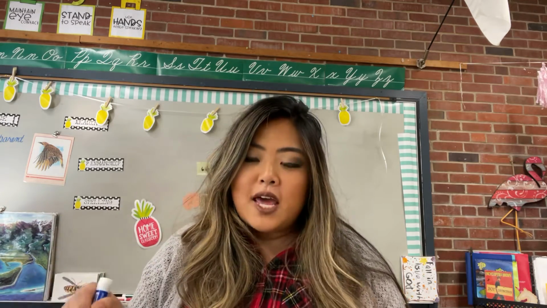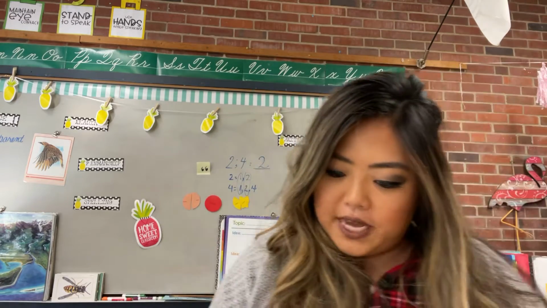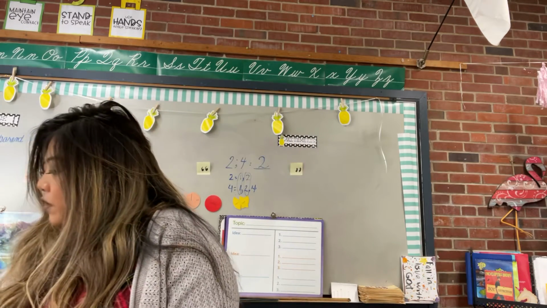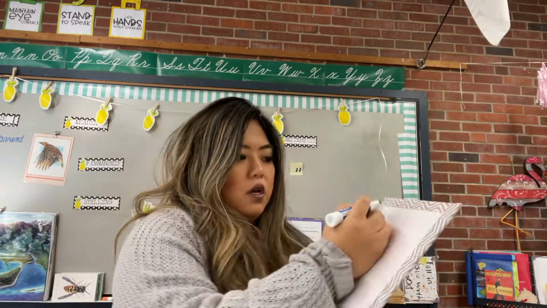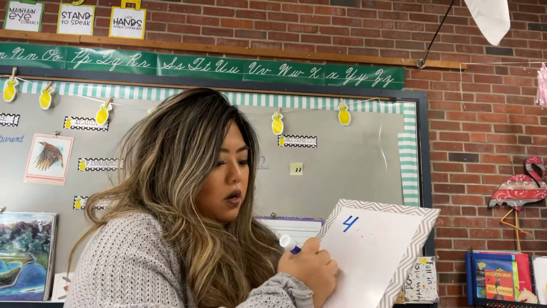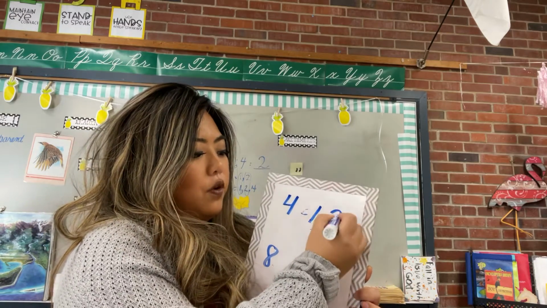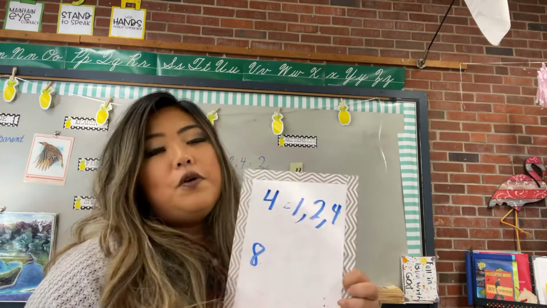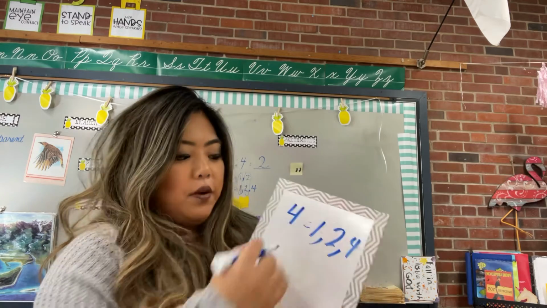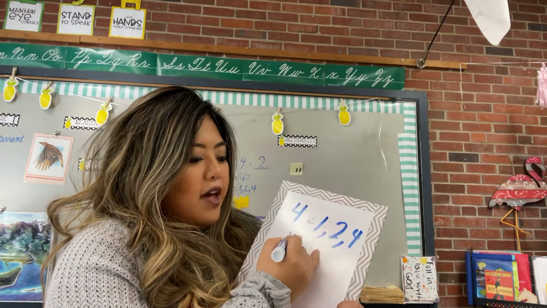Now for each one of those, you're going to have to list the factors and try your best to figure those out. Let's go to B, okay? You have 4 and you have 8. The factors of 4 are 1 times 4 and 2 times 2, so we could just say 1, 2, 4. If you need to write your pairs, like 1 times 4 and 2 times 2, that is fine.